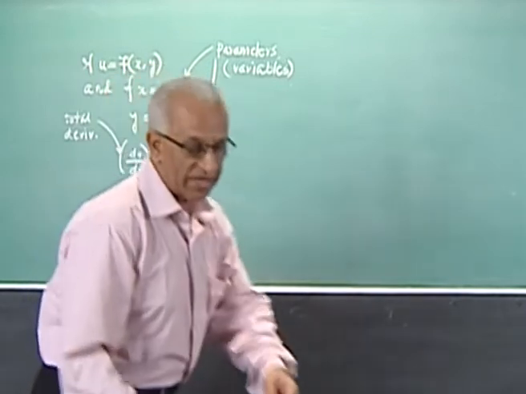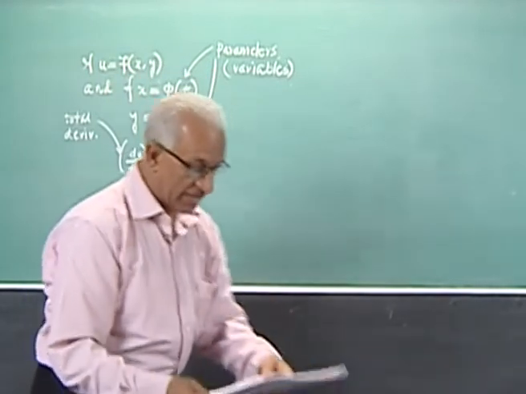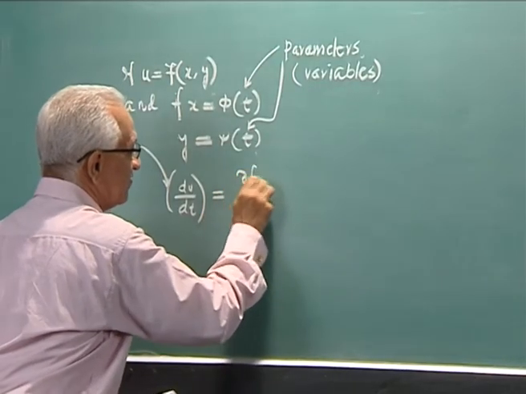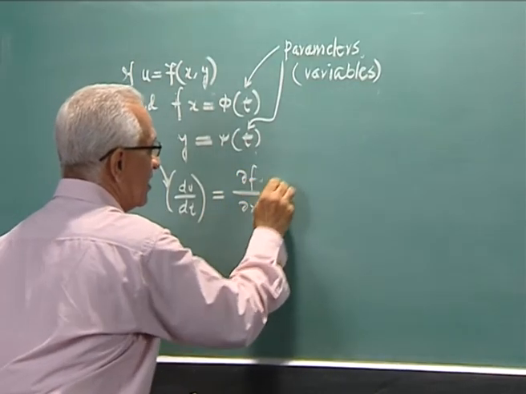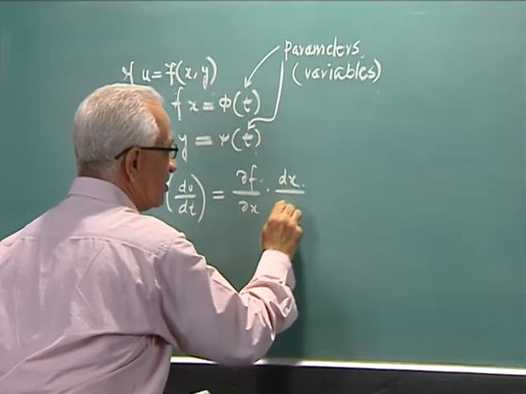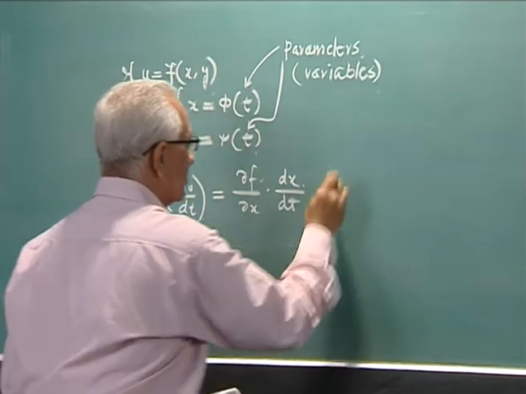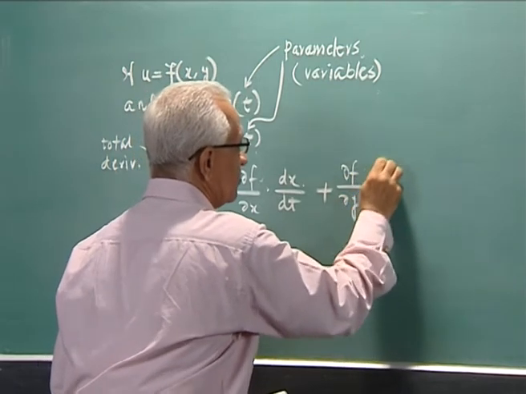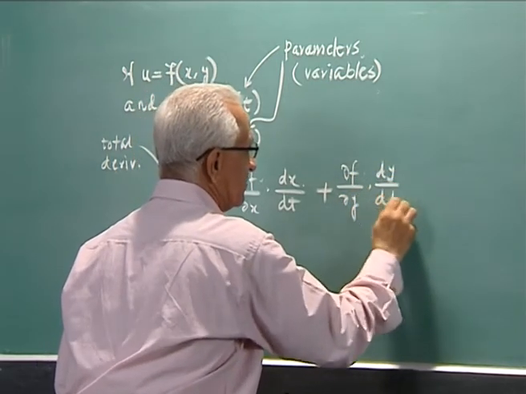So we will be having, as I have told you earlier, written as something, du/dt = (∂f/∂x)(dx/dt) + (∂f/∂y)(dy/dt).